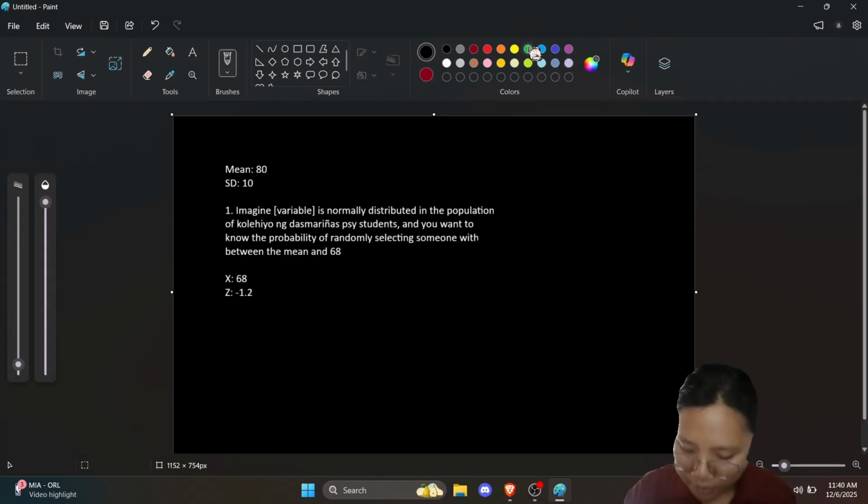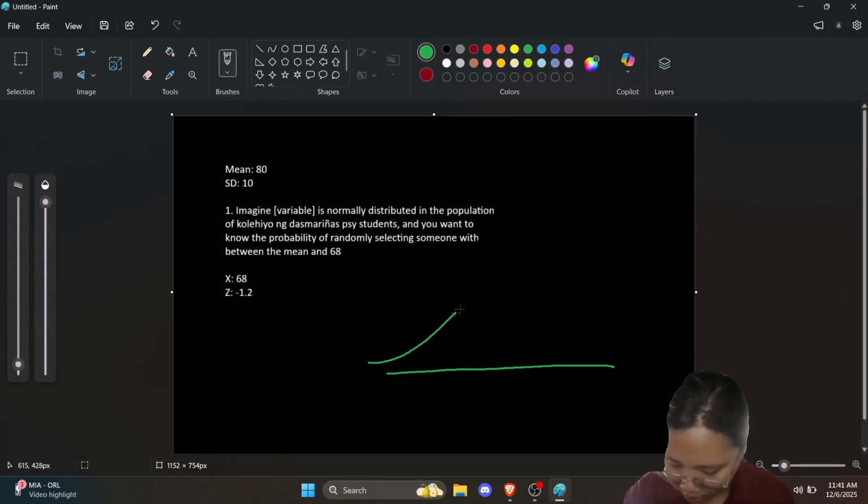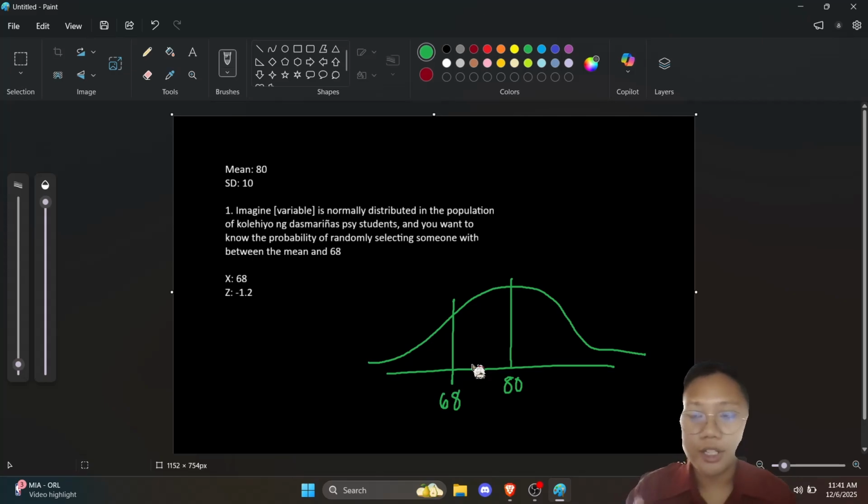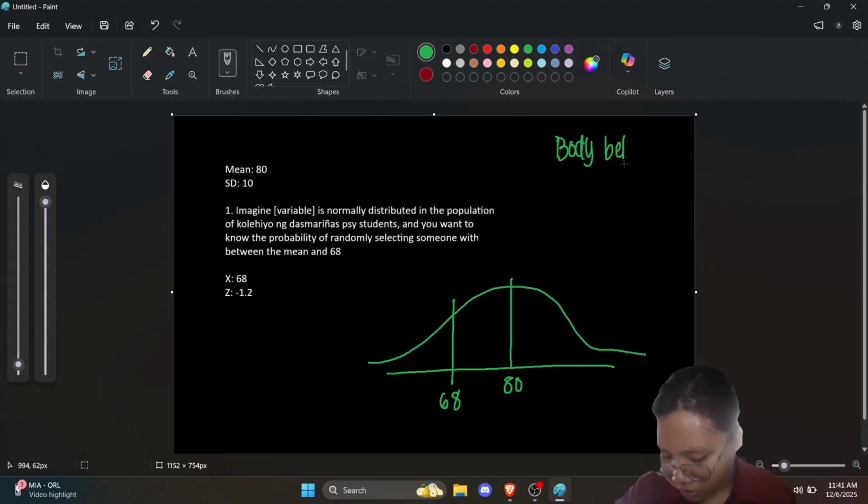If we plot this to see where the values are in a bell curve, here we have our mean, which is 80, and our data point, 68. If you remember from the terms I showed earlier, body is below, tail is above, and between is basically between the mean and data point.